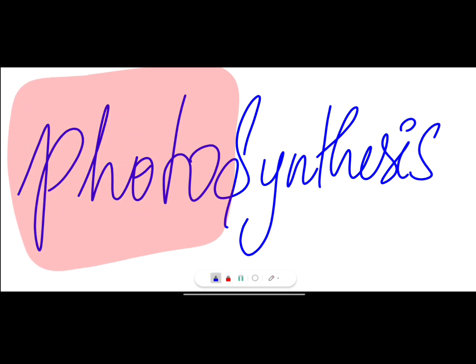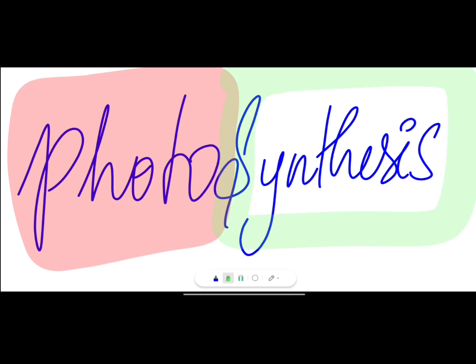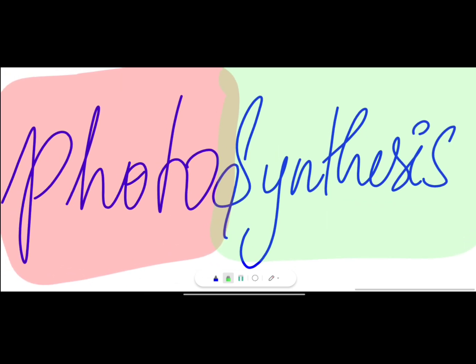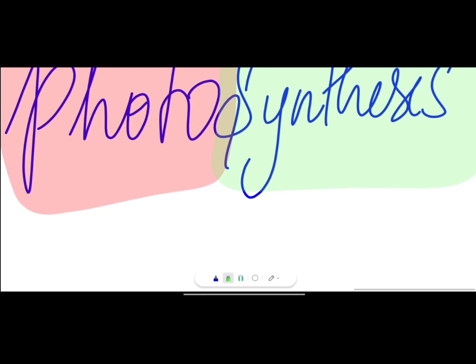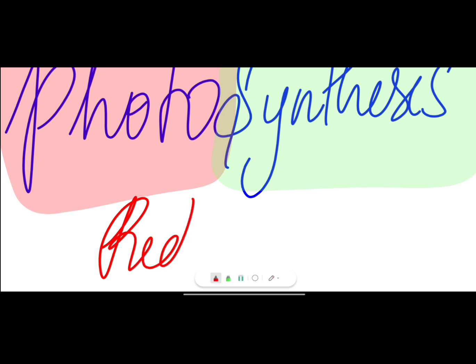Synthesis means reaction. So facts about photosynthesis: another fact is it's a kind of redox reaction, as I have already said.